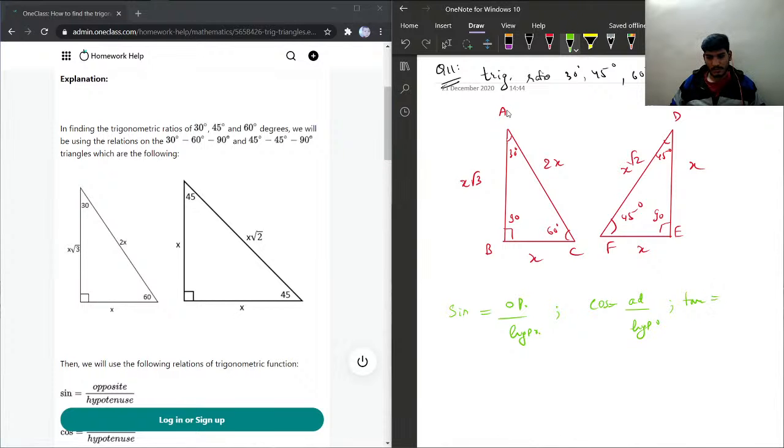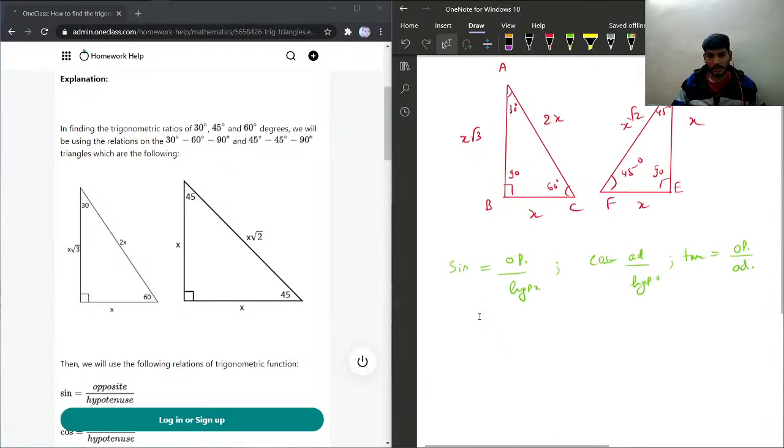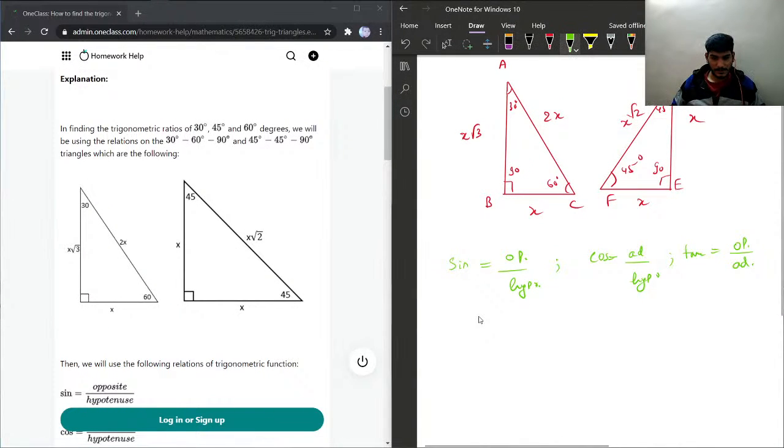Tangent is opposite over adjacent. So first we'll go for 30 degree. So for 30 degree, my opposite is going to be this side and my adjacent is going to be this one.